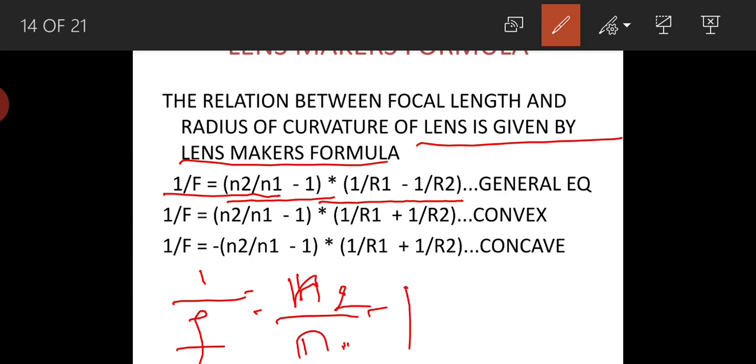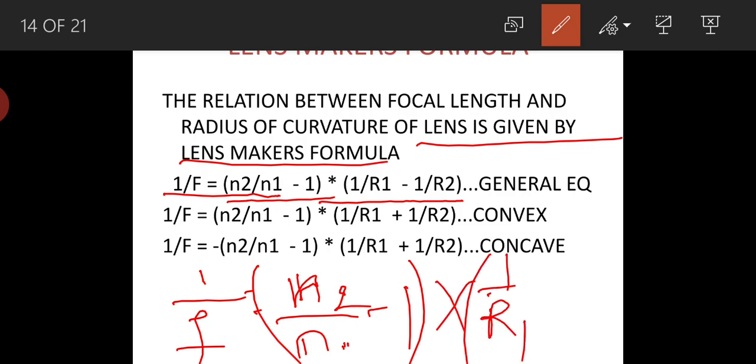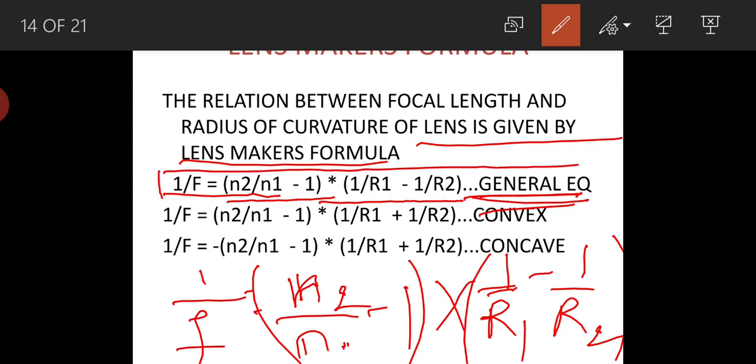This is the general equation. This general equation we should not apply in case of problems. In case of problems we need to apply the specific equation.